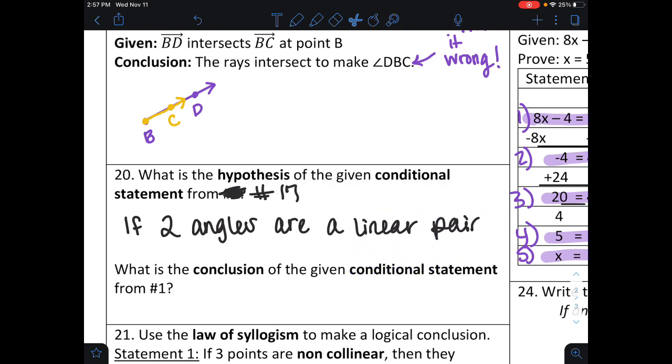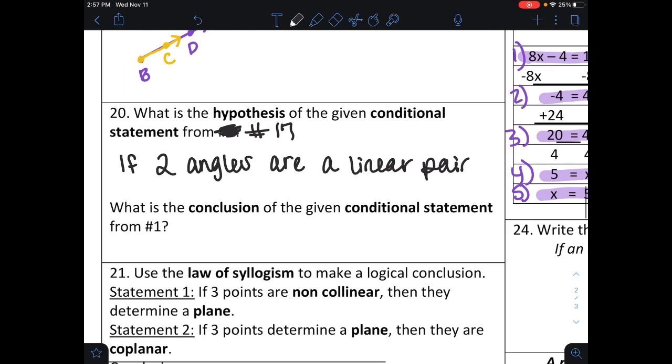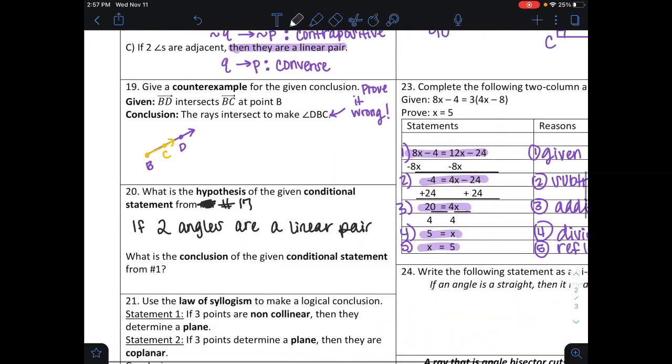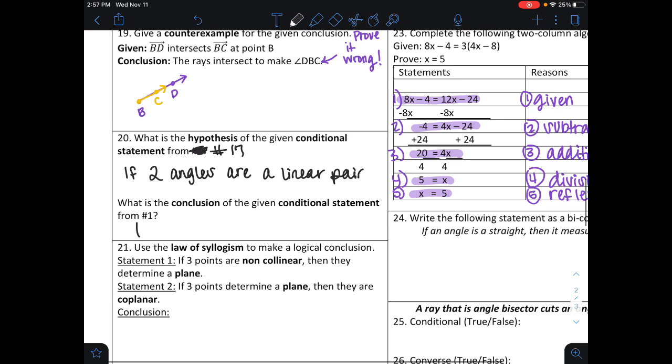Okay, so that would be the hypothesis because that was part P. And then underneath that it says, what is the conclusion of the given statement? So if two angles are a linear pair, then they are adjacent. Okay, moving right along.